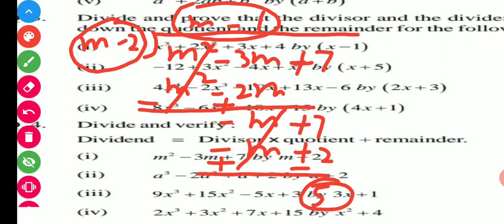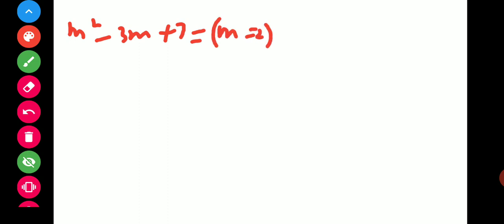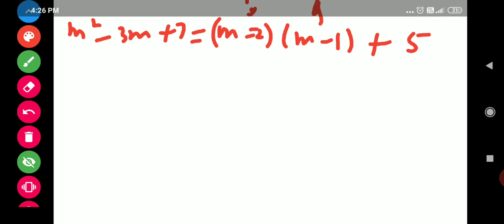How can we check? On the next page, dividend, that is m square minus 3m plus 7, will be equal to divisor, that is m minus 2, times quotient, that is m minus 1, plus remainder 5. It is divisor, quotient and remainder.